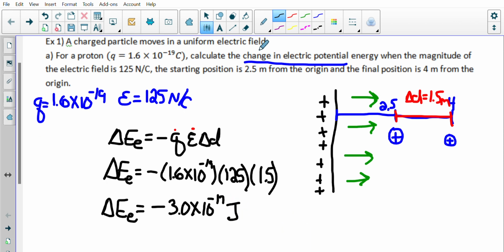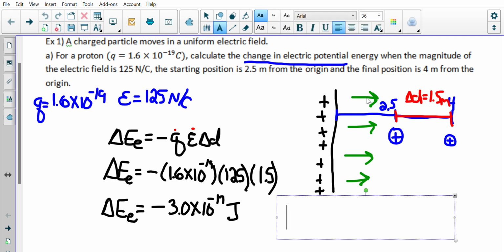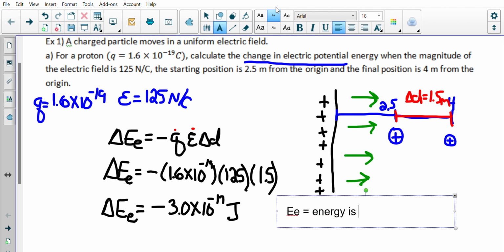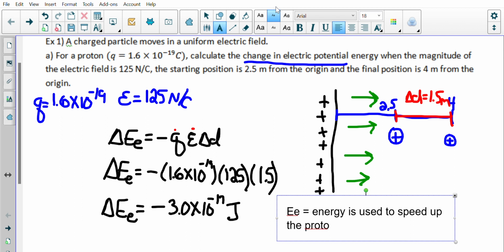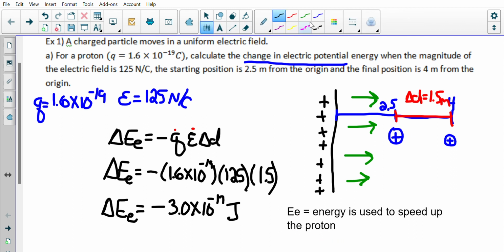So we've lost energy. And so what has happened is our electric potential energy, our EE, is used to speed up the proton. Right? Because again, this positive plate and this positive charge repel each other.